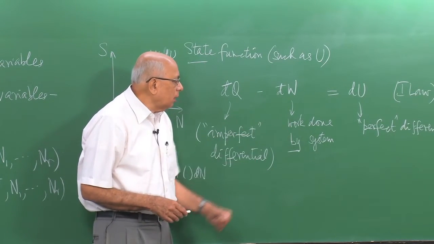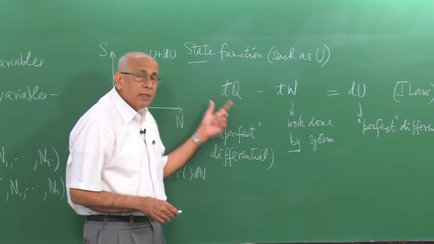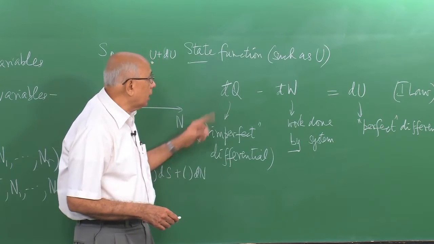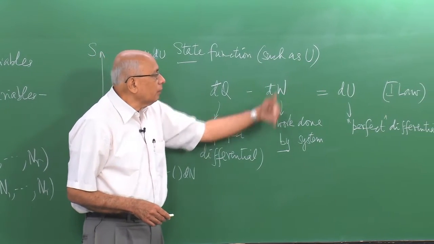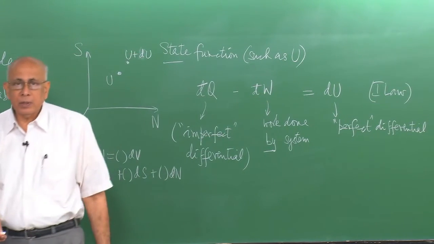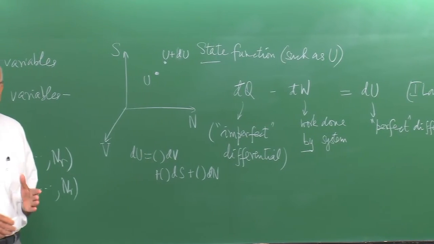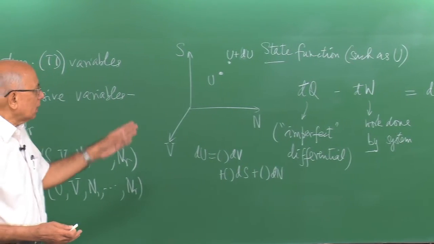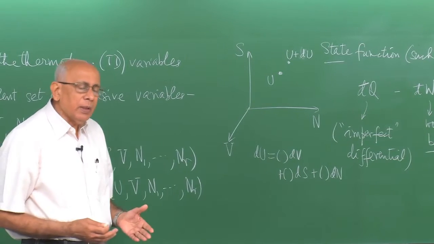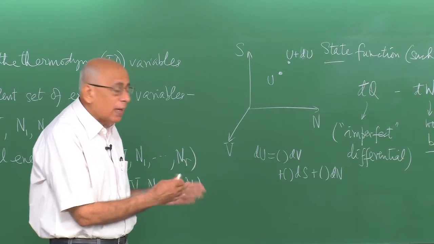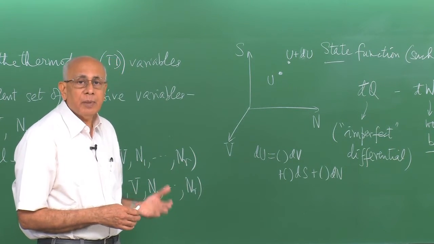The work done is an imperfect differential, the heat is an imperfect differential, but the difference of the two happens to be a perfect differential. Now this is the way we state it mathematically, and of course this looks abstract, but the point is all this law was arrived at purely empirically from experiment.